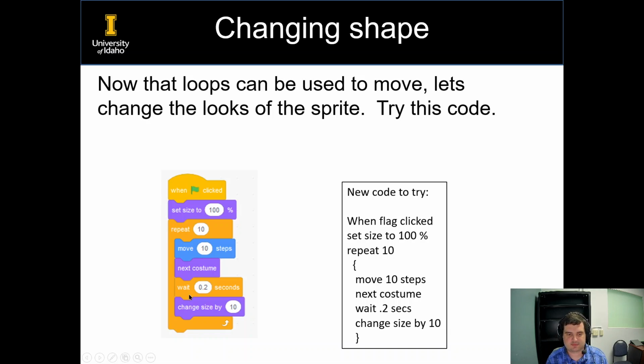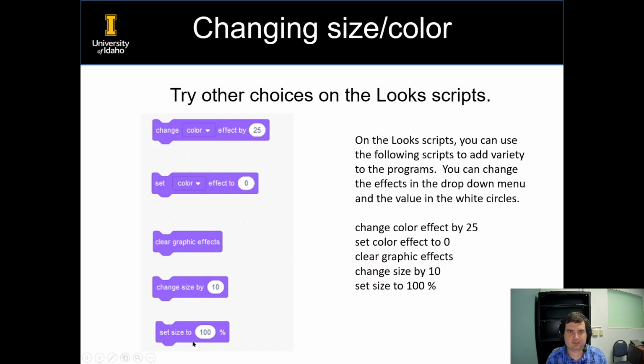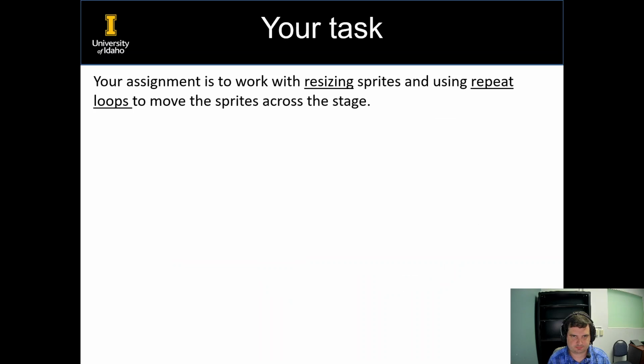So on the very last one, it will change size by 10 and then continue. There's a whole bunch of choices in the look script, so you can change the color effect, you can set the color effect. If you click on these, there are also other options inside of here, and you definitely feel free to explore and play with that.